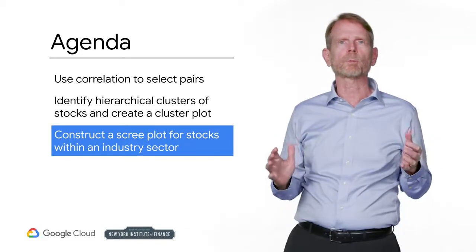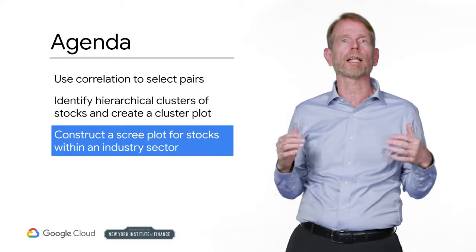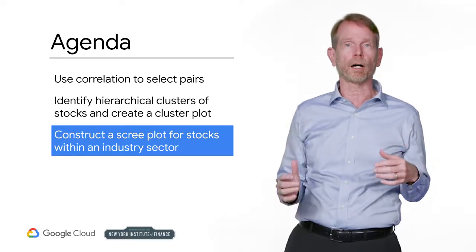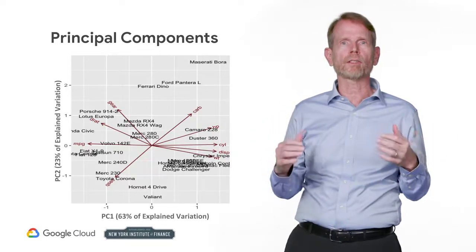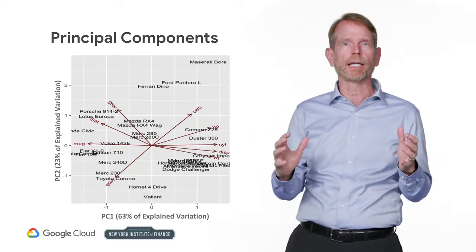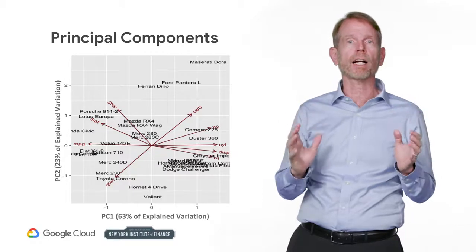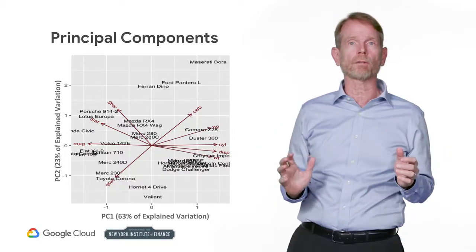Next, we will run a principal components analysis of the stocks in XLK and create a scree plot. What are principal components? Think of principal components as a data rotation technique. In the plot, we see data for 9 common features of 30 different models of cars.